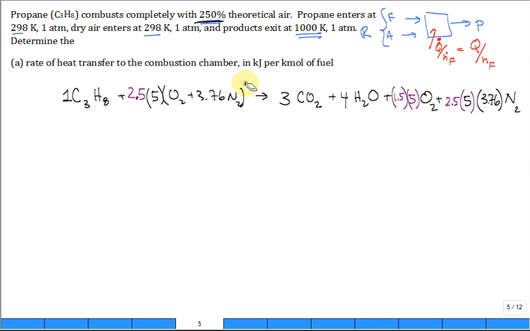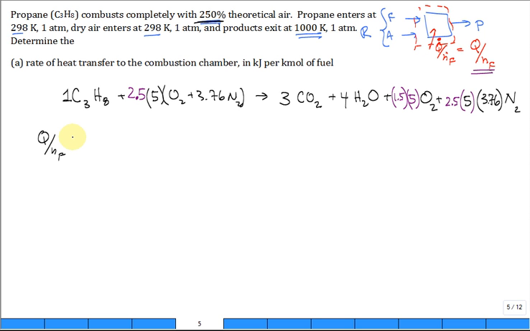Now we want to calculate this ratio, Q over N of F. So we write our first law: Q over NF minus W over NF, which is just 0. True? Just get rid of that. We don't have any work coming out of this control volume around the combustion chamber.